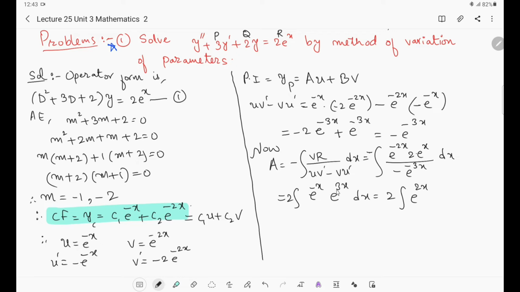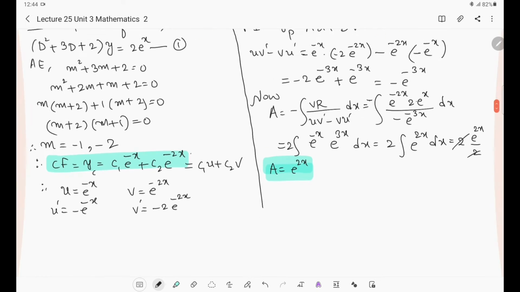See, minus x plus 3x is 2x into dx. Now the integration is e power 2x by 2, right? This 2 will get cancelled. So we are getting a as e power 2x.